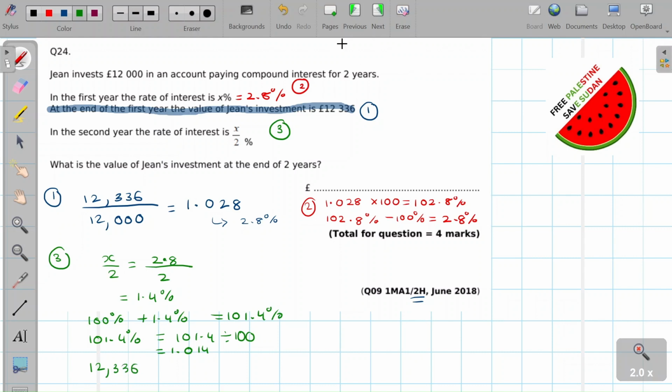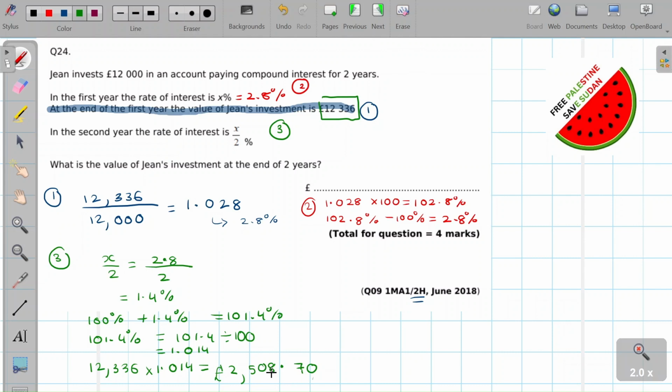12,336 as given by the question here. Okay, and then I multiply by 1.014, and it gives me a big number, which is 12,508.704, but because it is money, I have to round it to two decimal places.